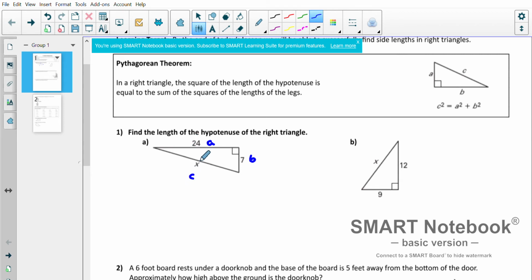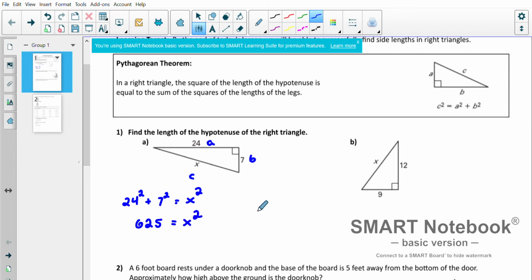So if we use Pythagorean theorem, 24 squared plus 7 squared should equal our unknown side x squared. If we do the calculations, we have 24 squared, which is 576, plus 49, which is 7 squared, should give us 625 on this left side. That's equal to x squared.